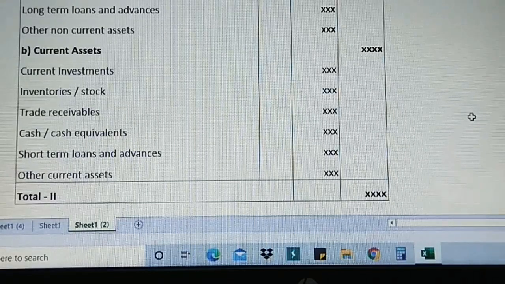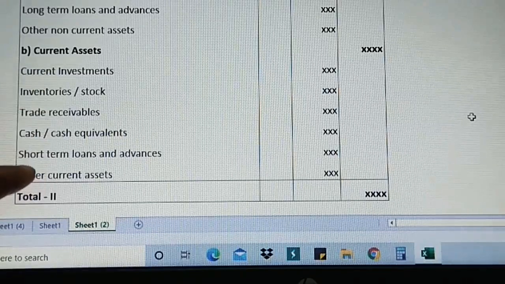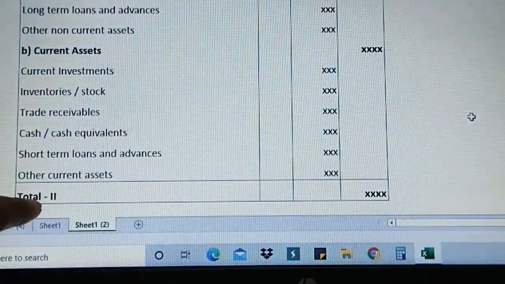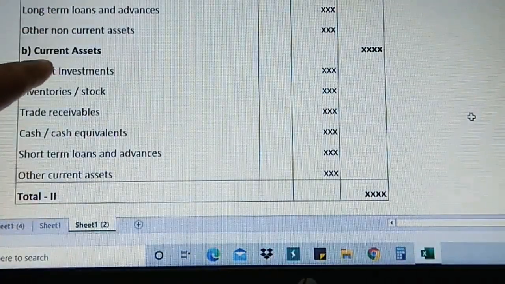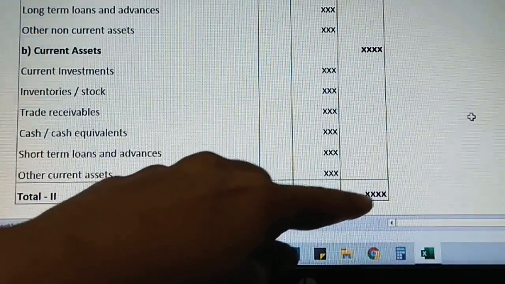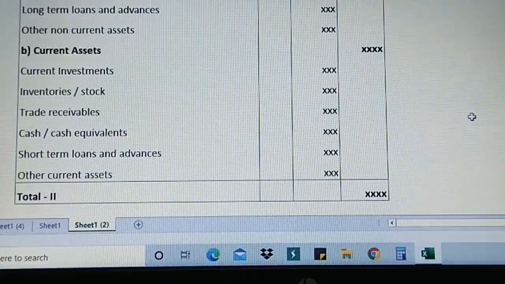Then short-term loans and advances, if we have provided any loans and advances to the employees for a shorter period. Then other current assets. These items have to come under current assets. So take the total in the outer column. The total of A and B, that is non-current assets and current assets, will give you the total.